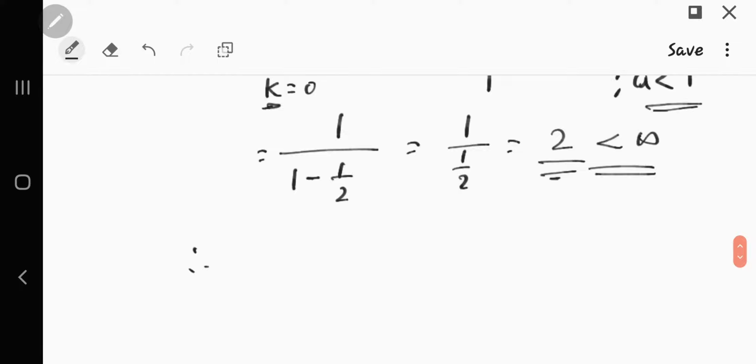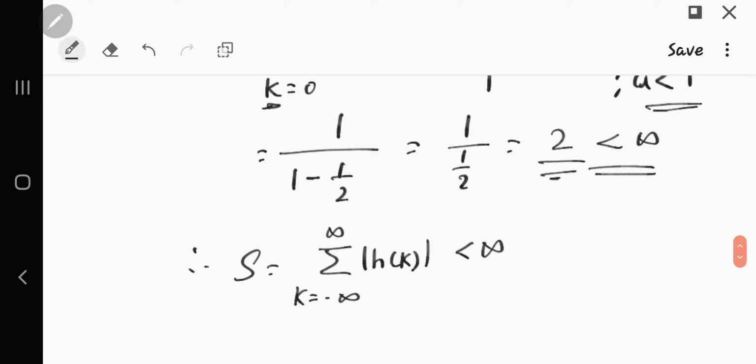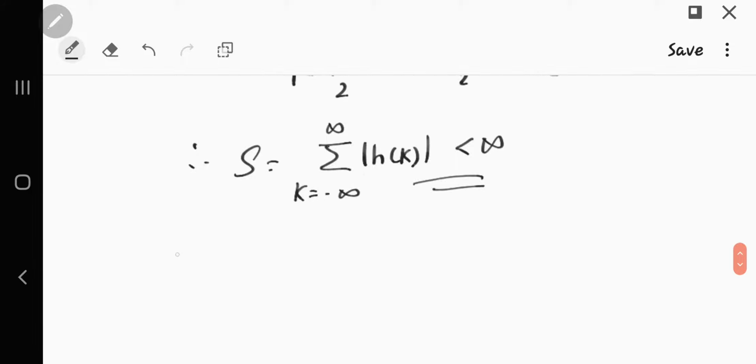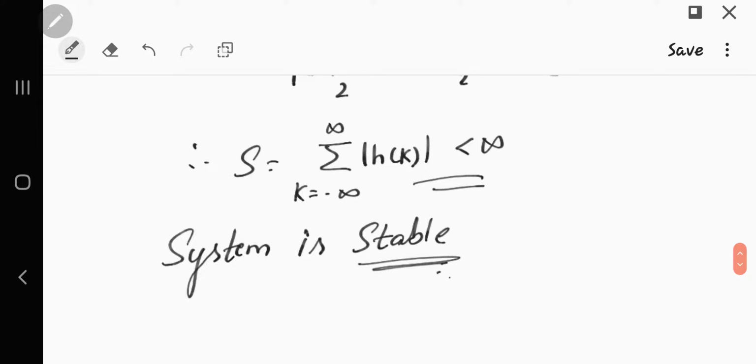Therefore, we can conclude that since the sum is less than infinity, this condition is satisfied, and the system is stable. This is the verification of the stability property.